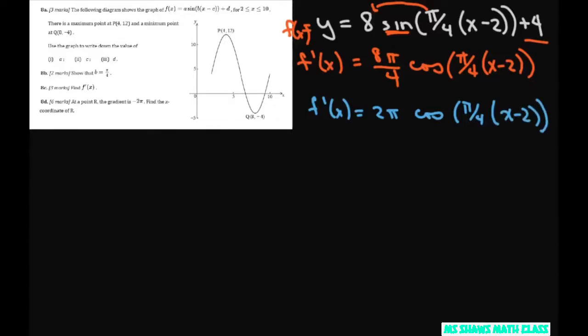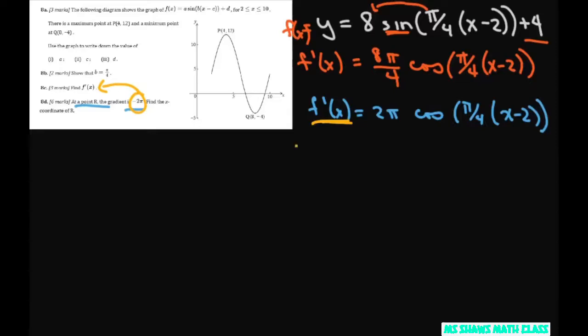All right, and is that it? Oh, then it says at point R, the gradient is negative 2 pi. Find the x coordinate. So what we need to know is that f prime is the gradient. So all you have to do is substitute. If they're saying this is the gradient, that equals that.